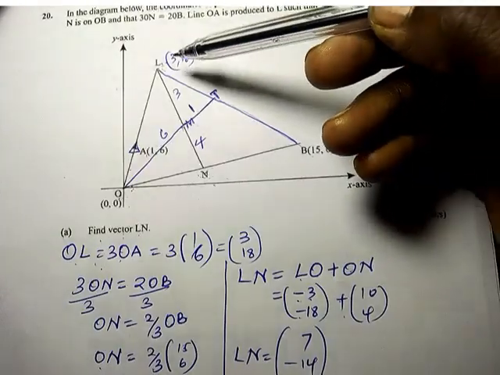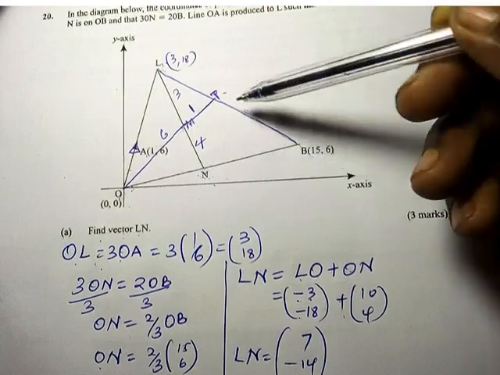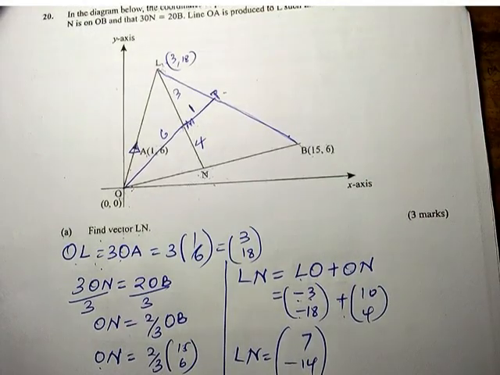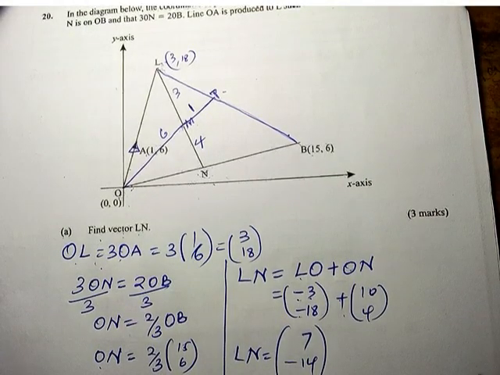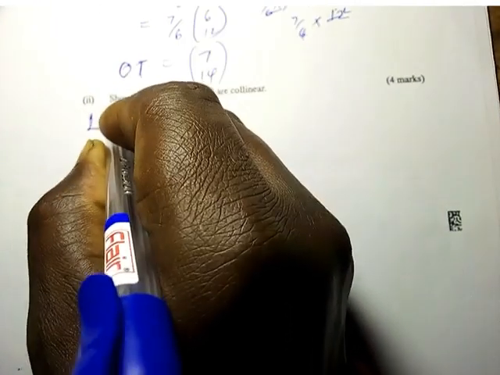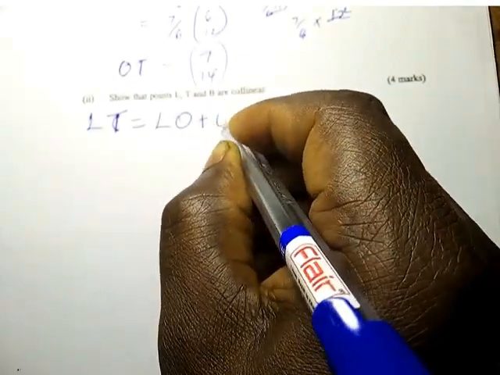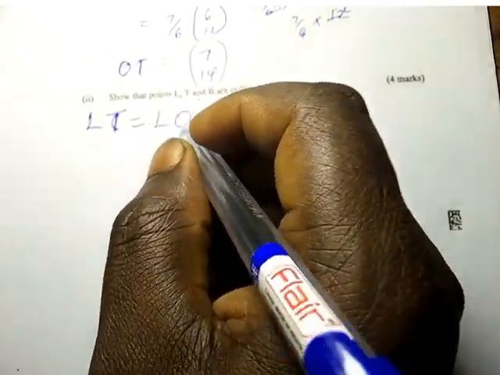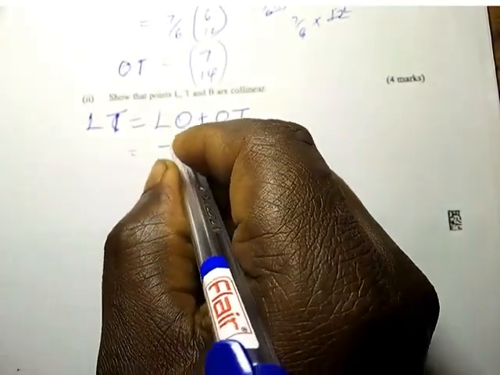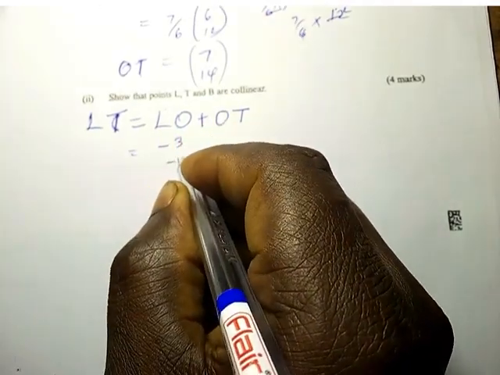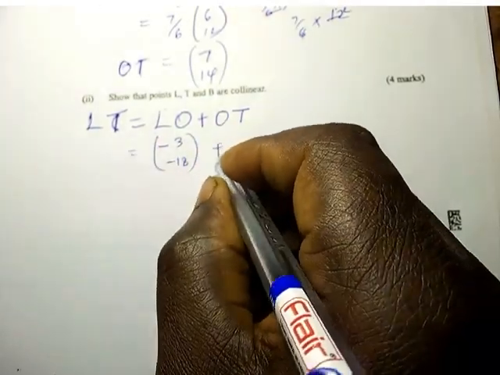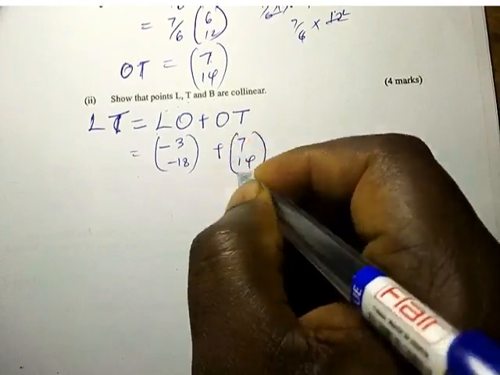We want to show that LT and TP are collinear. You know very well that points are collinear if they are parallel and if they share a point. So LT equals LO plus OT, which is (-3, -18) plus (7, 14).